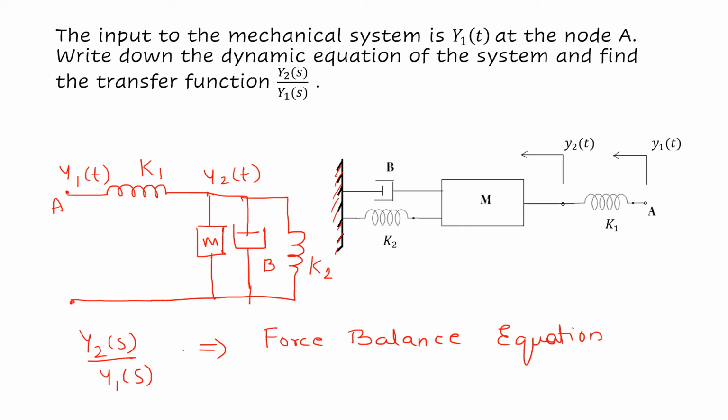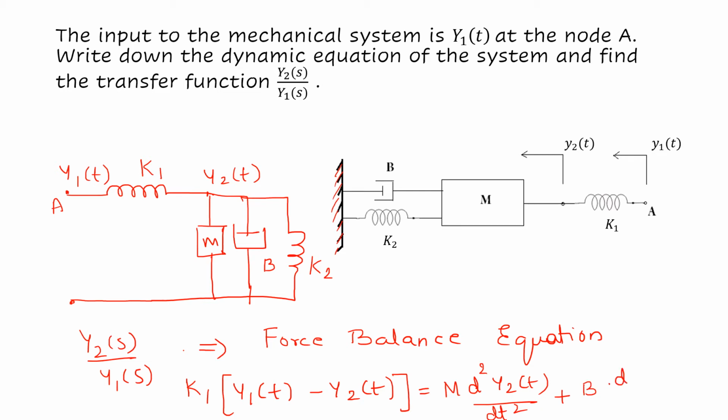If you look at this particular network, we can write K1 into y1 of t minus y2 of t is equal to the opposing force at the displacement y2, which is m d square y2 of t by dt square plus b into dy2 of t by dt plus k2 into y2 of t. So this is the force balance equation.